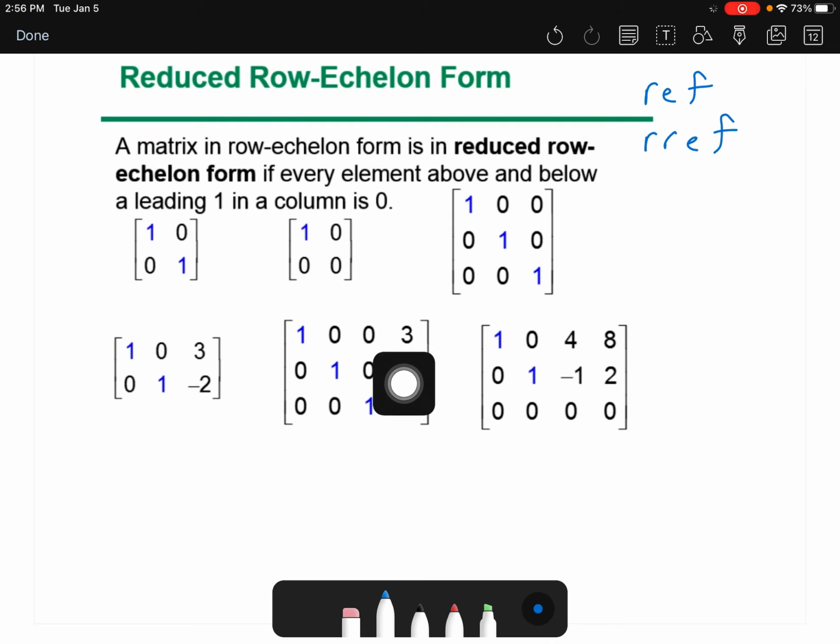But if you're doing it by hand, it's more work to put it into that form. The idea is that every element of the main diagonal is either a 1 or a 0, and then every element either above or below, below we had zeros before, but either below or above, is also a 0. If that is the case, then we've got reduced row echelon form.